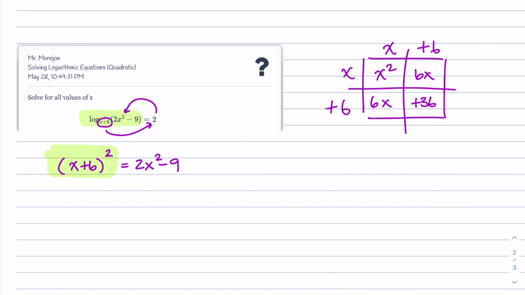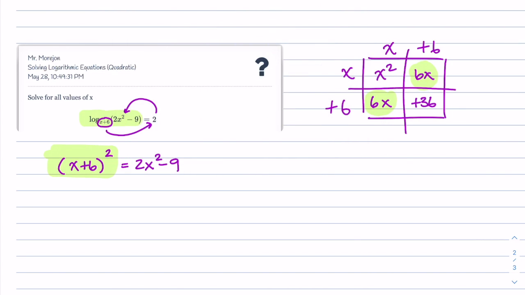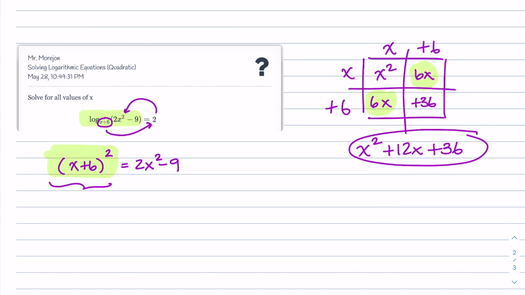And if we combine these two like terms right here, that will give us 12x. So this would be x squared plus 12x plus 36. So another way to write this side would be x squared plus 12x plus 36, and that's equal to 2x minus 9.